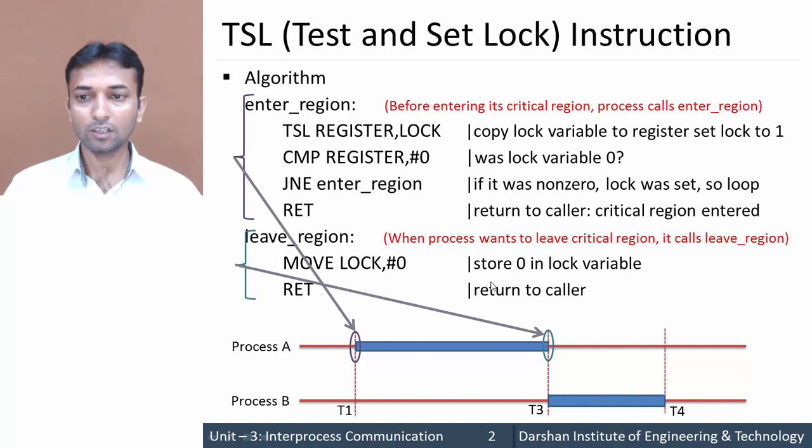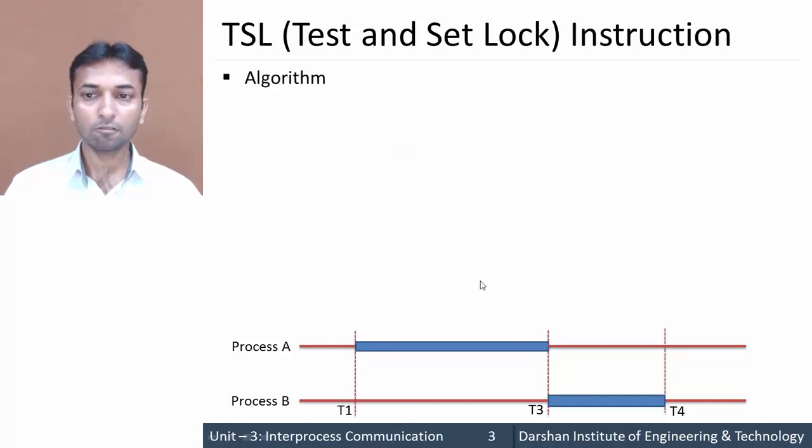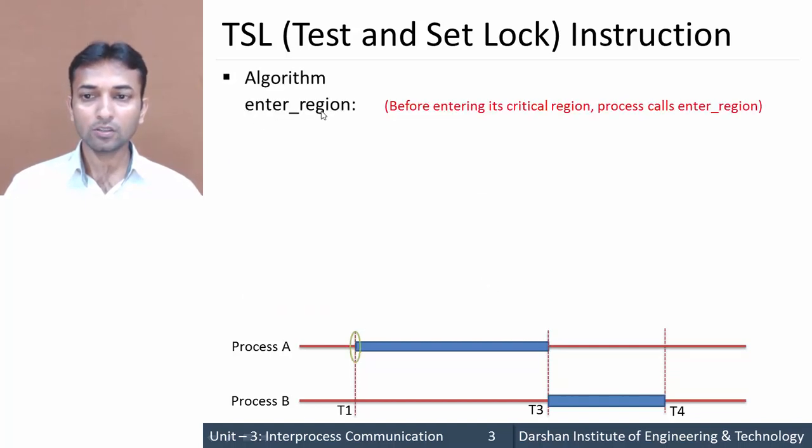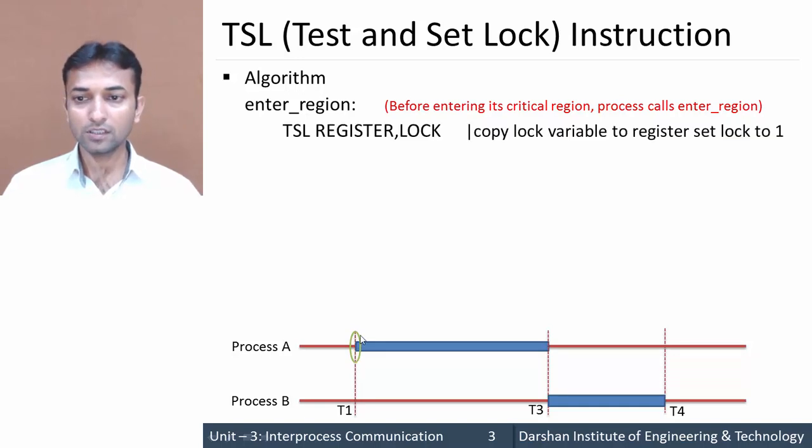Now let us see this algorithm step by step. First one is enter_region. So this process A calls enter_region at time t1. Now the first instruction is TSL, that is test and set lock register, lock.